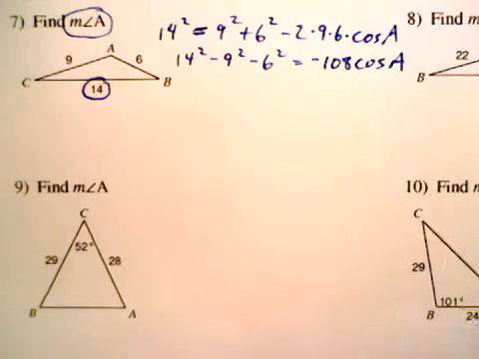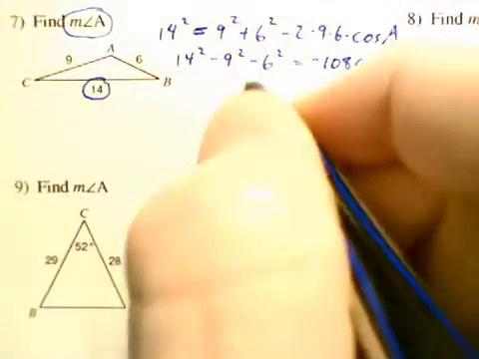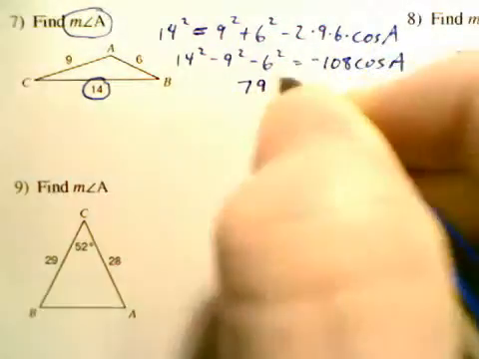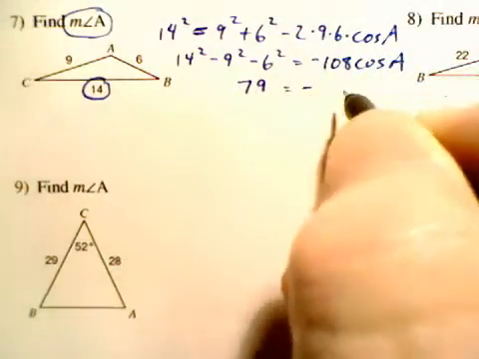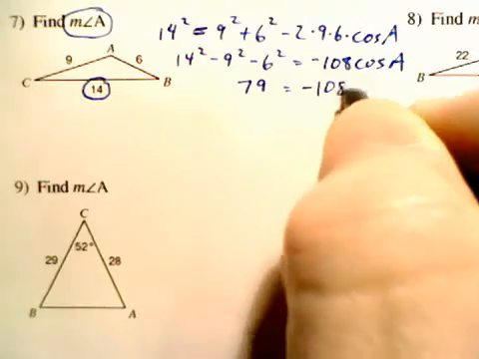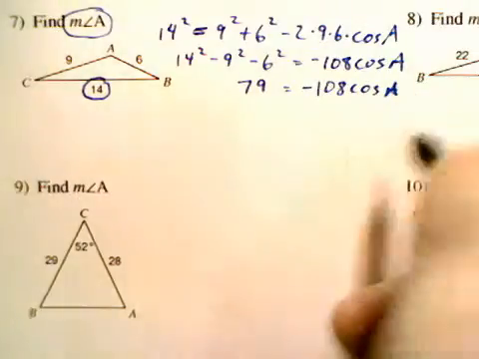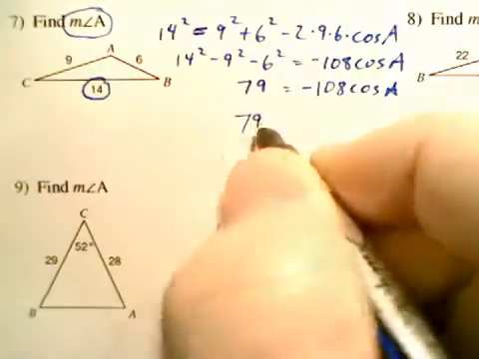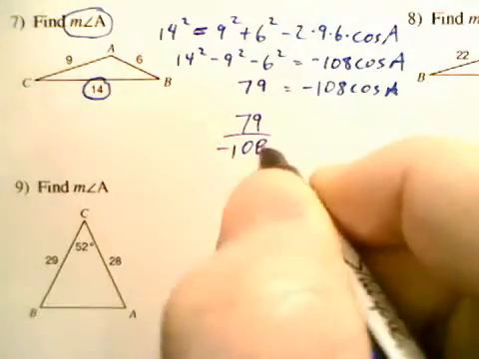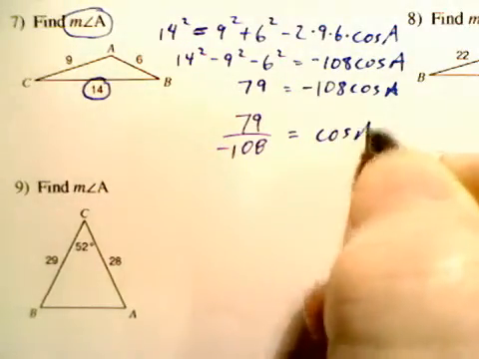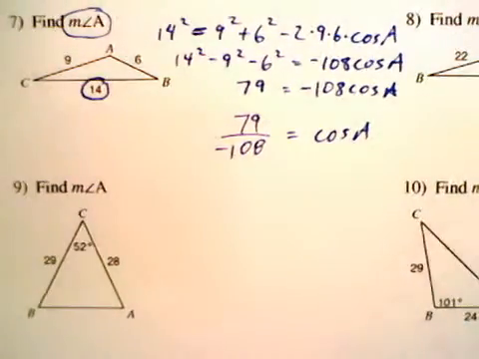I don't want to try to do that in my head, so we're going to take 14 squared, which is 196, minus 9 squared minus 6 squared, and we get a grand total of 79. So 79 equals negative 108 times the cosine of A, and we're going to divide both sides by negative 108. So we have the cosine of A equals that number.